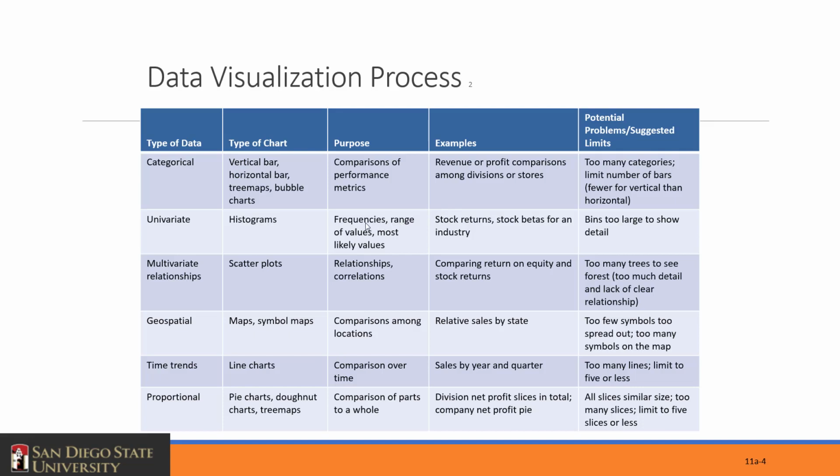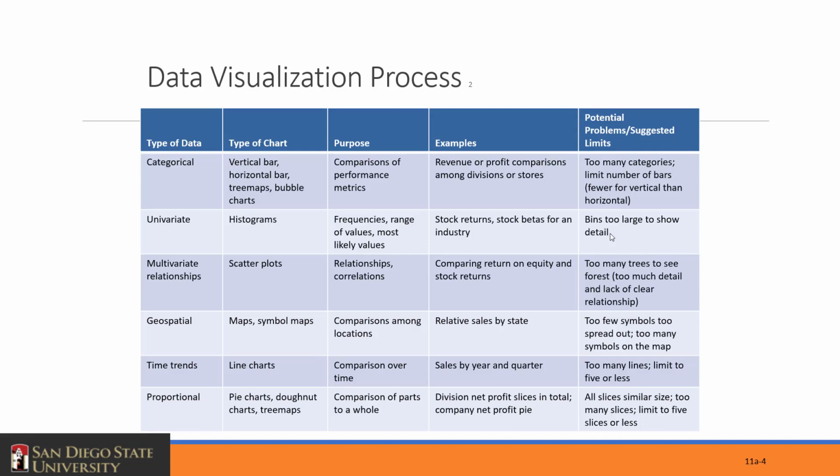For example, if you want to know the frequencies of positive stock returns and negative stock returns, this type of analysis we usually run as univariate analysis, and it's done by histogram. The potential problem could be the bins, because remember in Chapter 10 we had this histogram exercise. The bins could be too large and you don't see the detail.